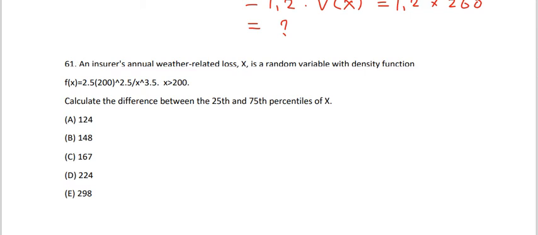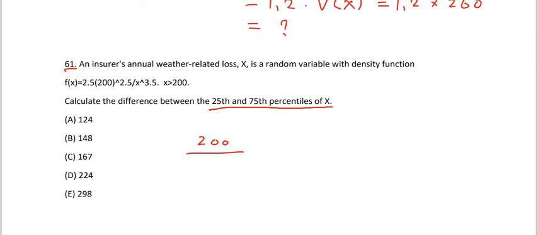Okay. So problem 61 is exactly the same as the problem we discussed before, only changing this. We do not want to repeat, so it's just like changing this to 200.